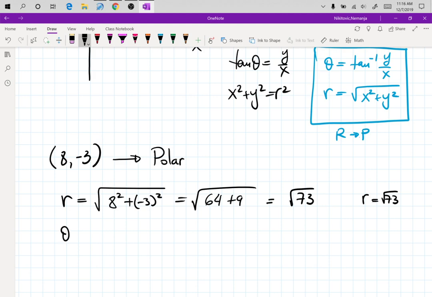And then theta is even worse. It's inverse tangent of -3 over 8. You see that? So a point that is 8, -3 in rectangular world works out to be exact root 73 comma inverse tangent of -3 over 8. Yeah, you can get the degrees and stuff.